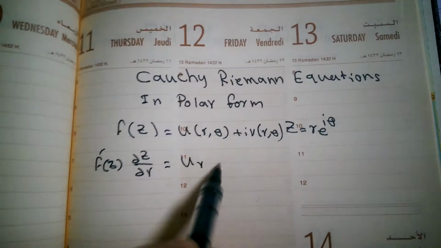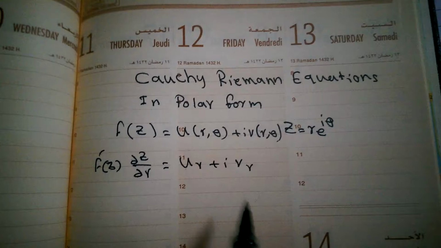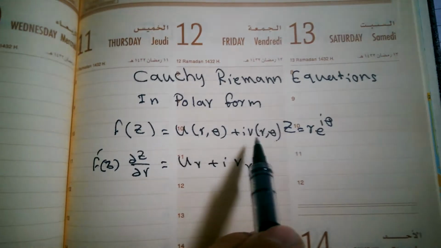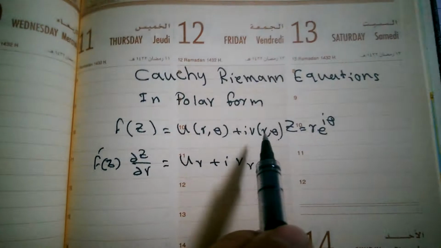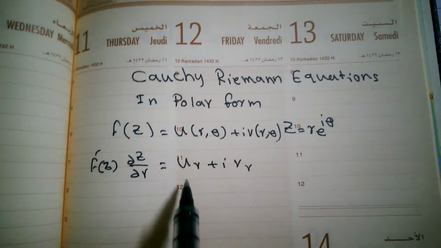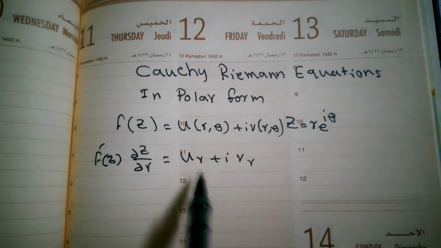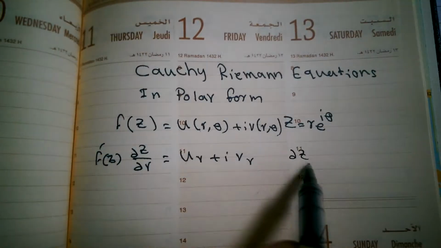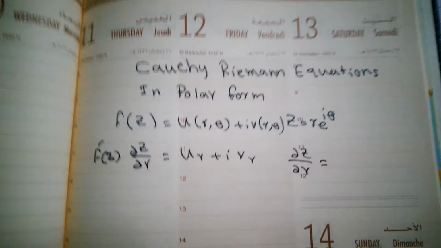u sub r plus i v sub r, because each of u and v don't contain z, that's why we don't have it there. So partial z by partial r is equal to what?